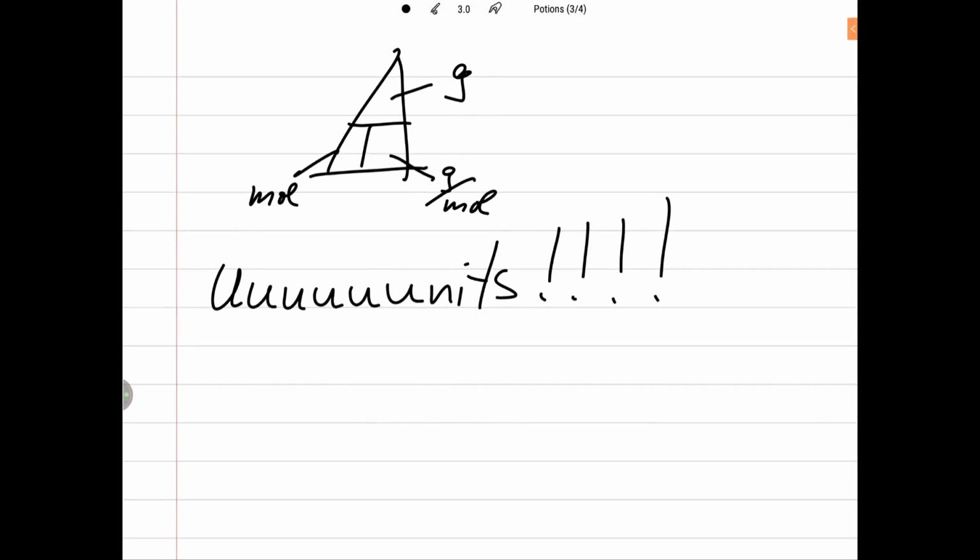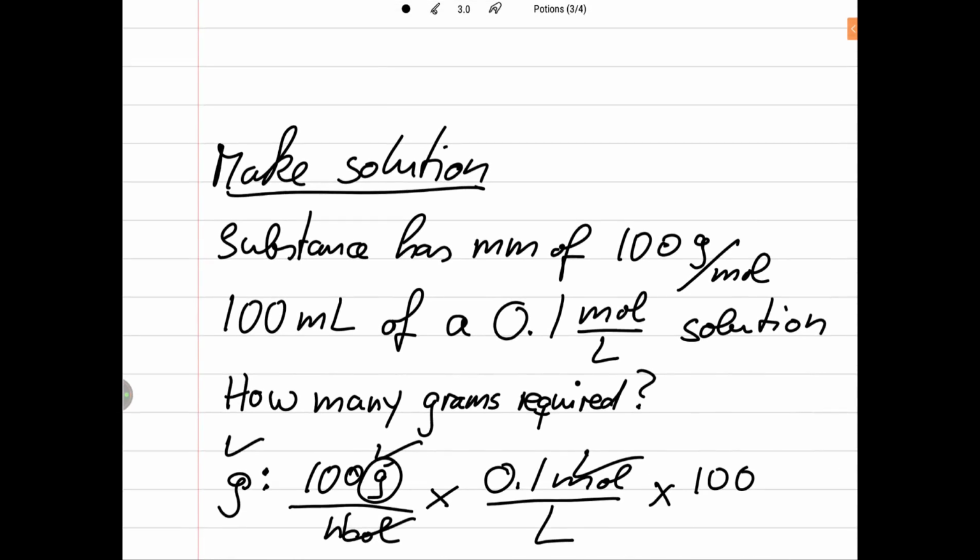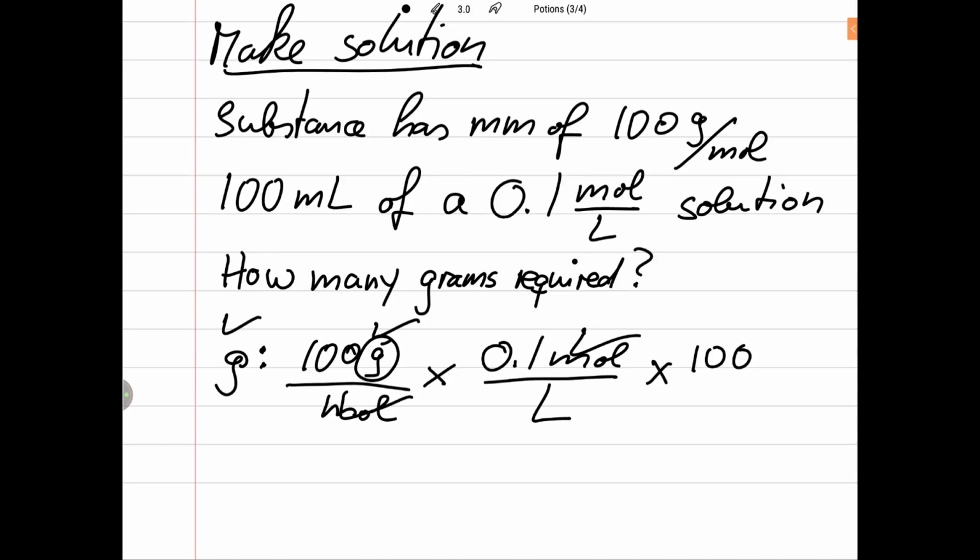Now let's go back to our previous question. So we said we have 100 milliliters, and I can write this as 100 times 10 to the minus 3, that's the milli.